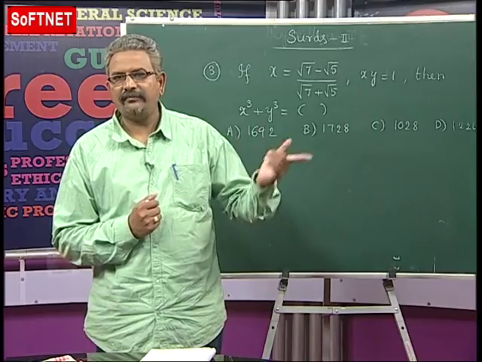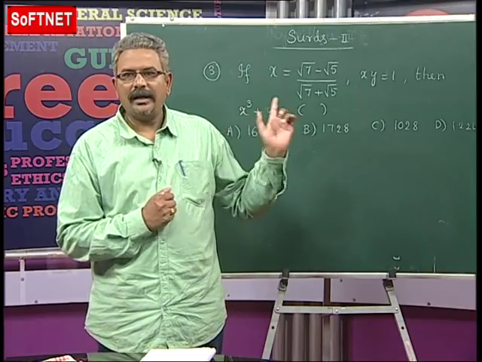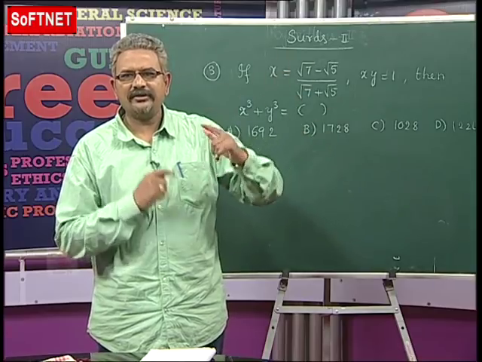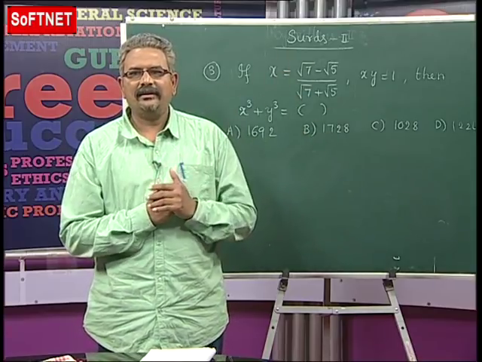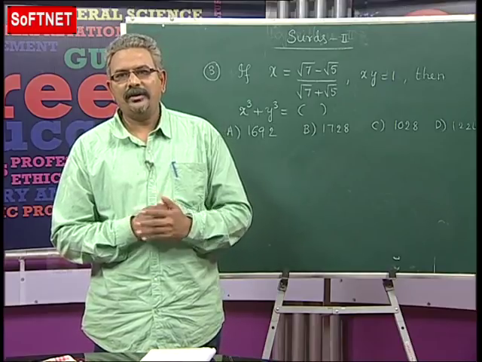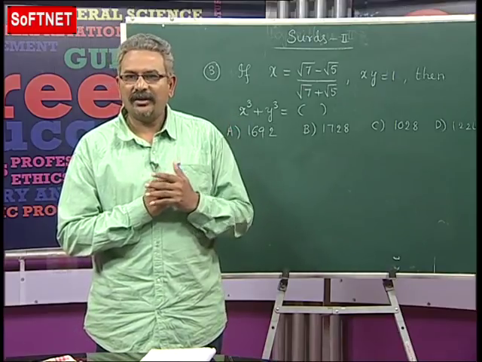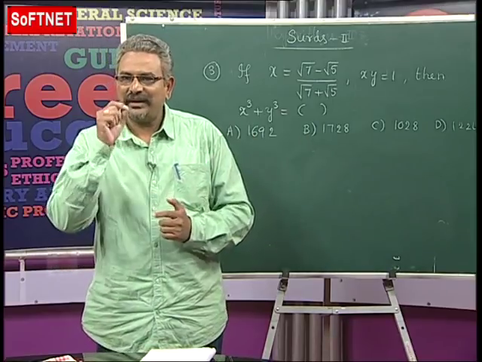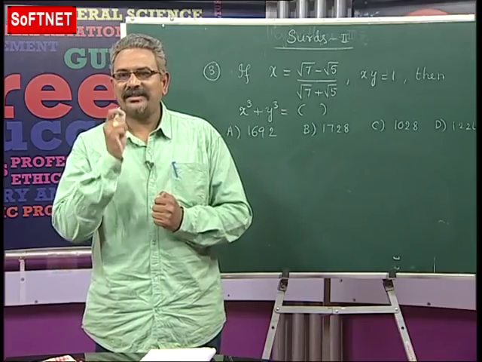After simplification we get the x value. As xy is equal to 1 given, y is equal to 1 by x, that means the reciprocal of x. So what do we have to find out here? x cube plus y cube. Using one of the algebraic identities, this problem can be solved. That is known as the problem solving strategy.